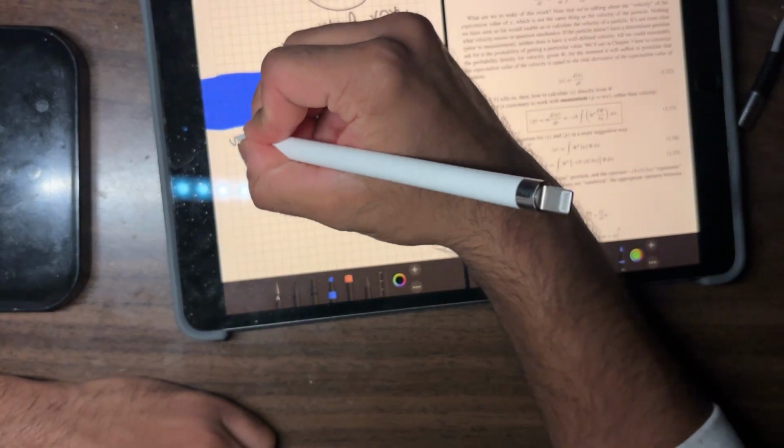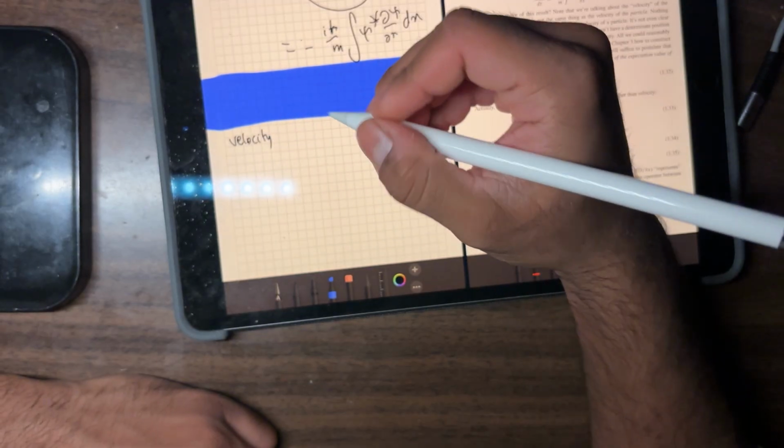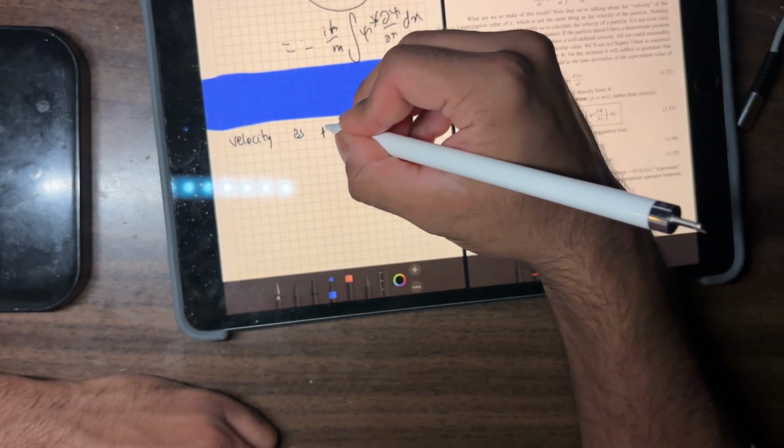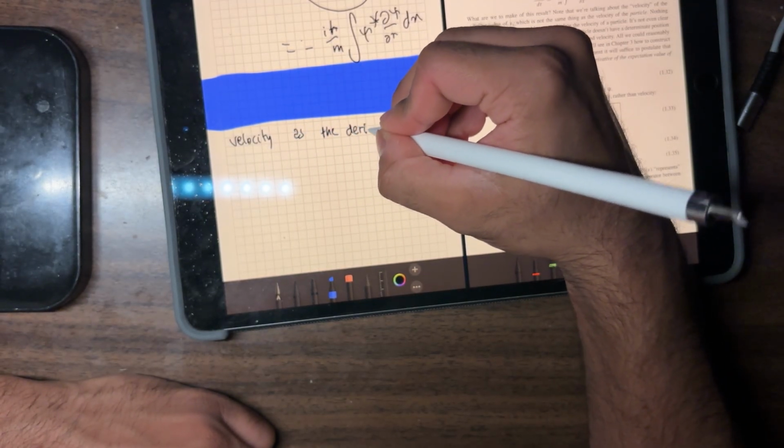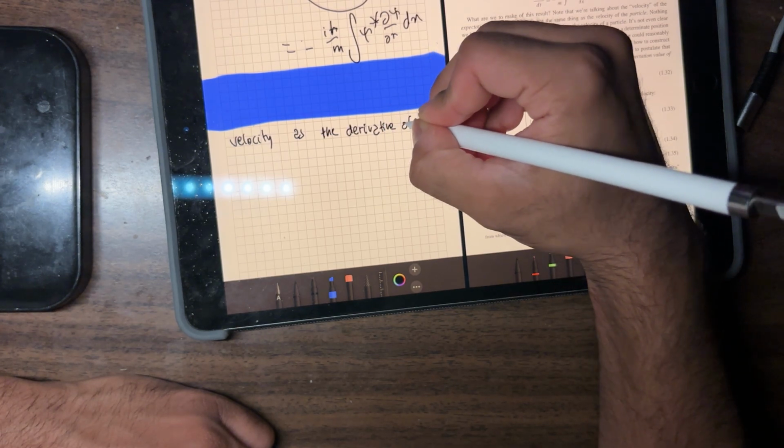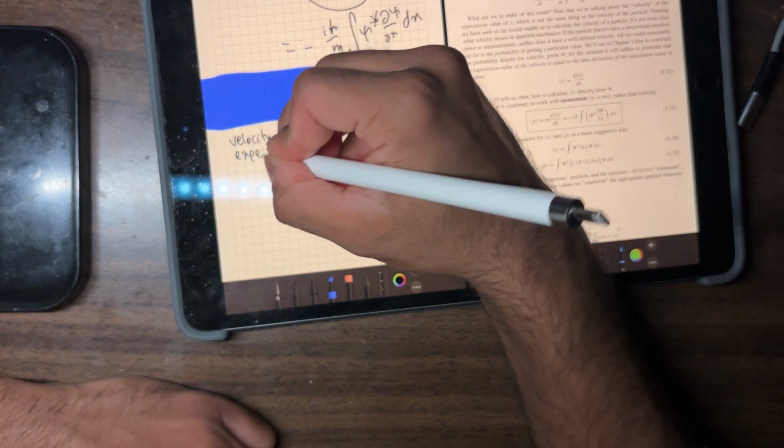So velocity as the derivative of expectation value.